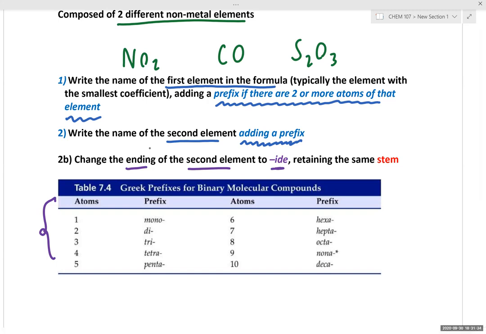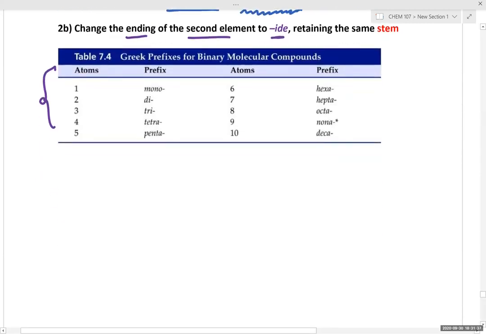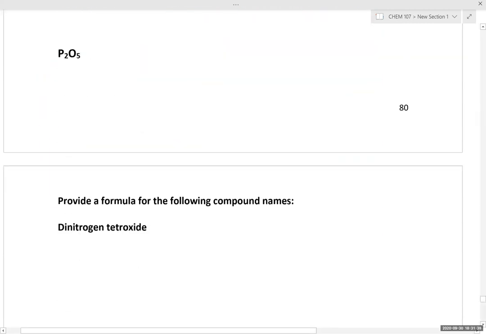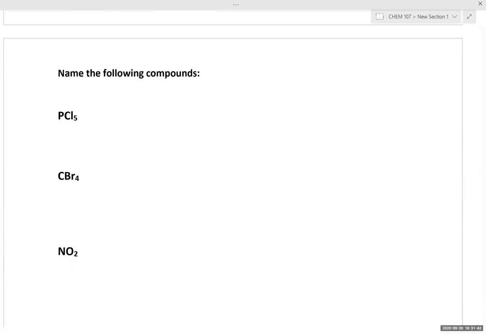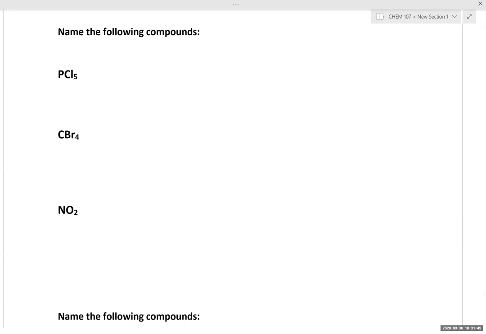Okay, so these are the rules. Let's show how these rules are applied in practice. So let's name the following compounds. For PCl5, we write the name of our first element, phosphorus. You do not need a prefix for the first element if there's only one of it.